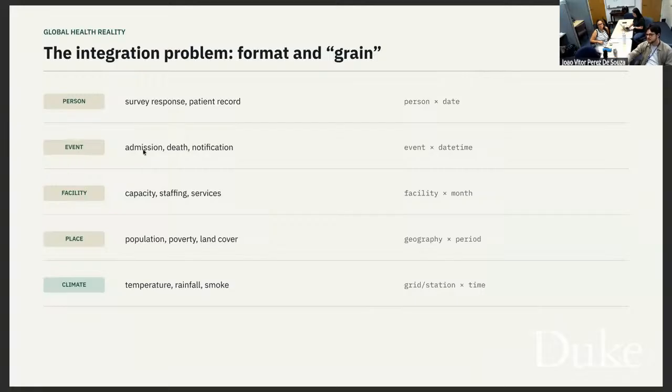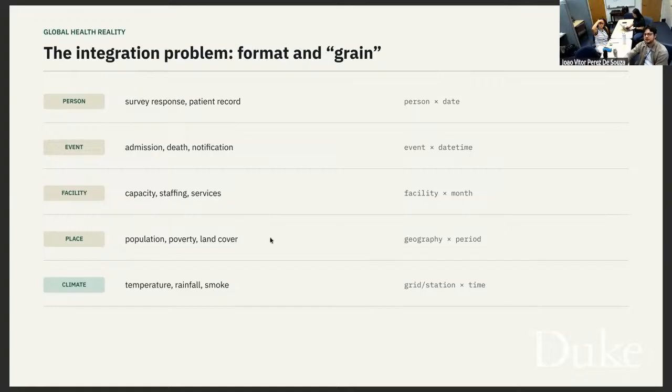So the patient was admitted, the patient died, or there was some notification for the case. So we're going to run into multiple entries for the same patient, because they can come to the hospital multiple times, they can get admitted multiple times, they come to the ED multiple times. So we have an event versus date and time, not only date. You also have time of arrival, time of discharge, all of that stuff.